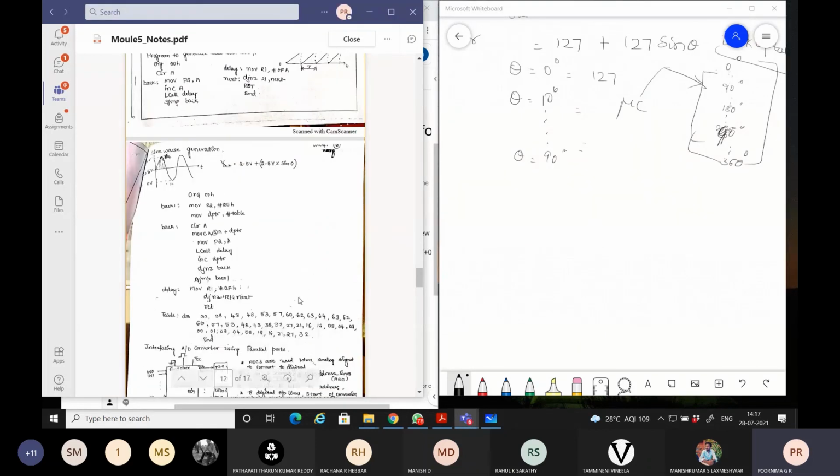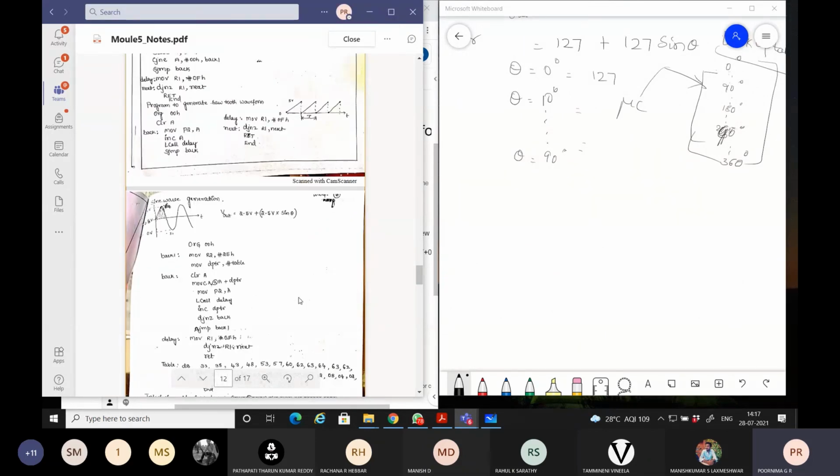Then what is the program related to this? A simple program. In another 2 minutes I'll finish this and leave the class. As per that formula we have created all the values and stored them. After that, write the program: ORG 00H, MOV R2, with the number of values you have stored.